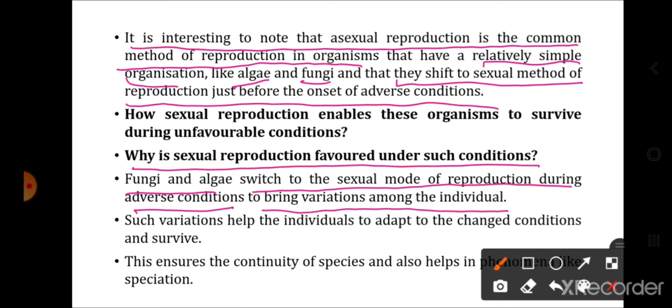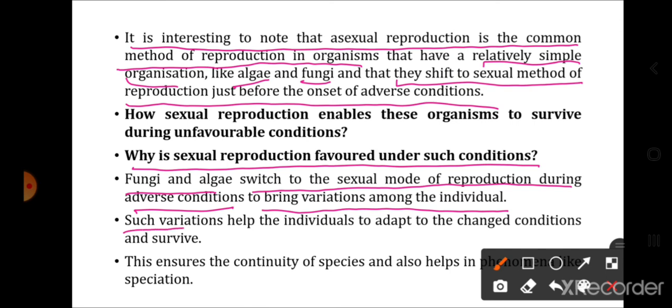We know that during sexual reproduction there is fusion of gametes, and the fusion of gametes will always result in variations. These variations enable the organisms to survive under adverse conditions.